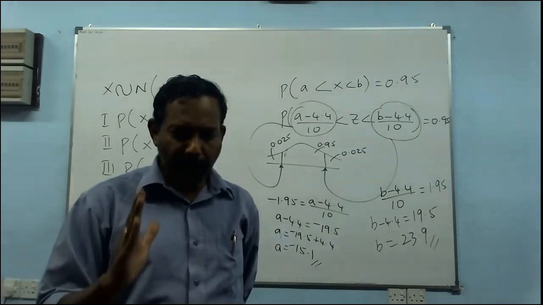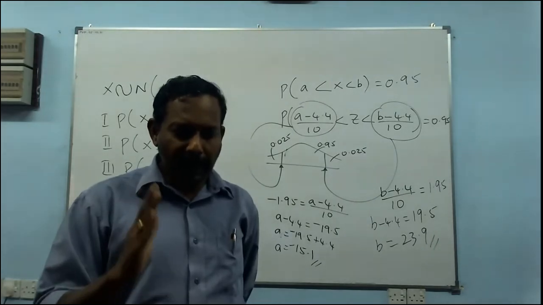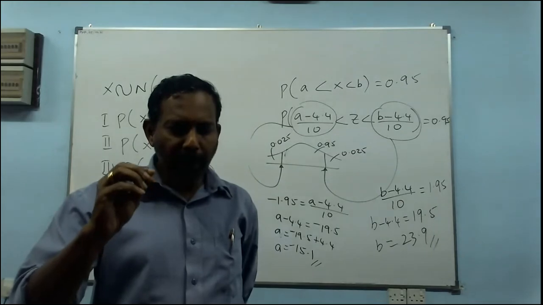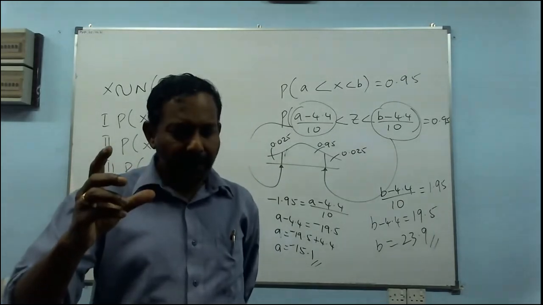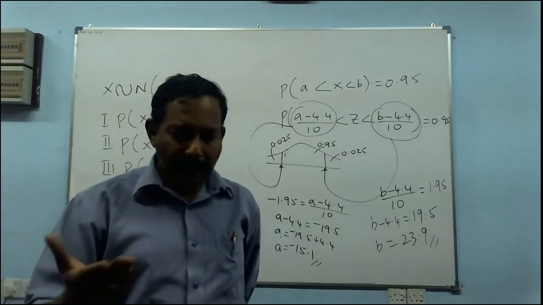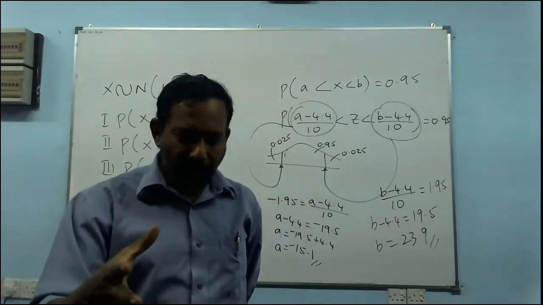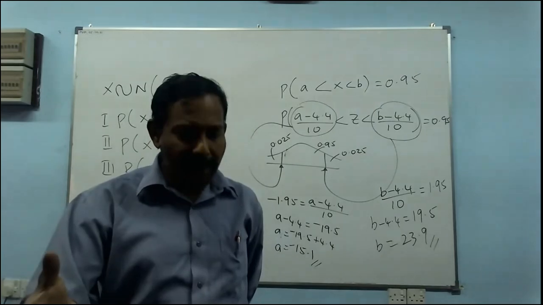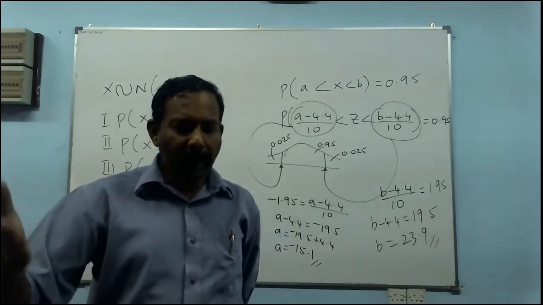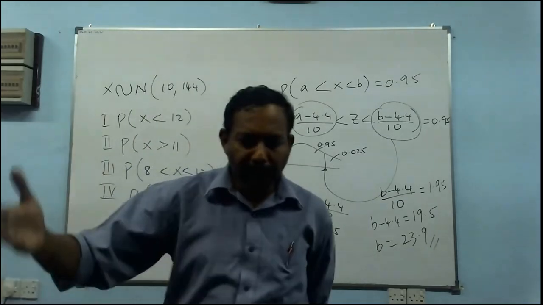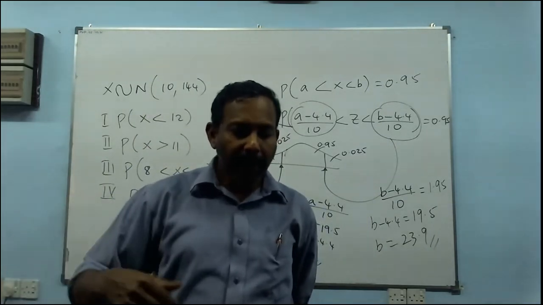For example, if you want the z value 0.03, it is not available in the table. 0 is available, 0.05 is available, so the z values are given in 0.05 steps.